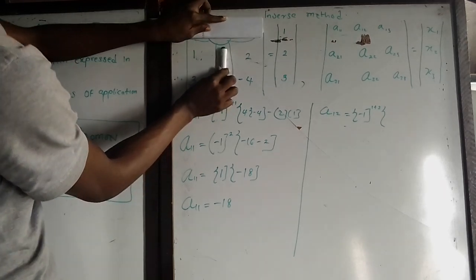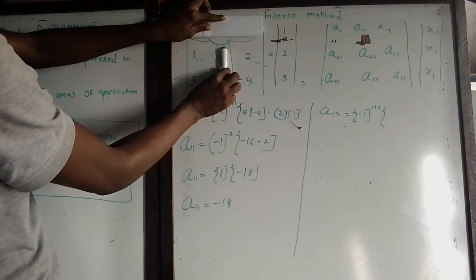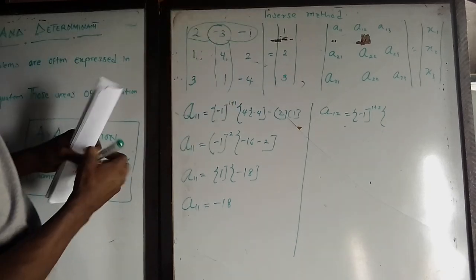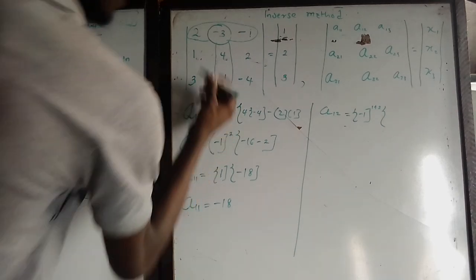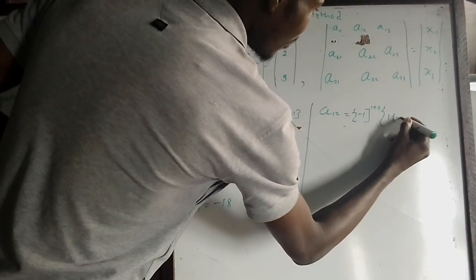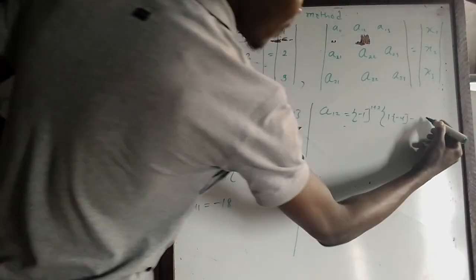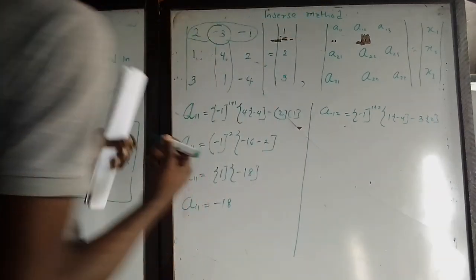Then you are having 1, 2, and 3. You are having 1, 2, 3, and minus 4. So do you understand? So you are going to say 1 times minus 4, minus 3 times 2.